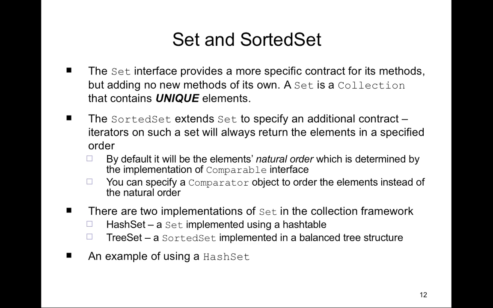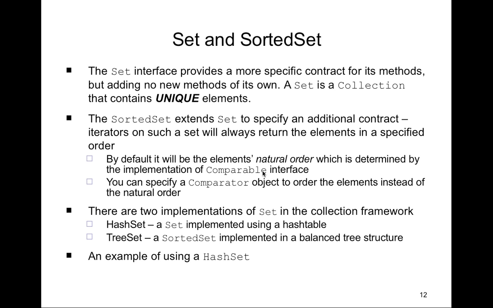So we have a Comparable interface that gives us less than, greater than, equal to, not equal to types of comparisons. You can specify a comparator object to order the elements instead of the natural order. The natural order is actually the way in which you put them in. So if you put a list of names in and they're not in alphabetical order, the natural order is going to be similar to the way you put those in, depending upon what type of structure you've got set up and how you're putting them in.